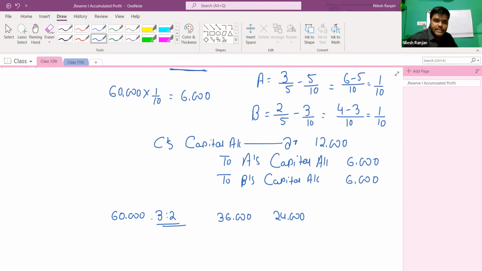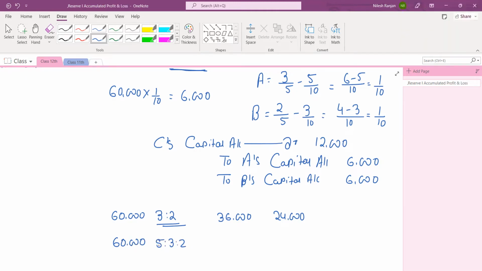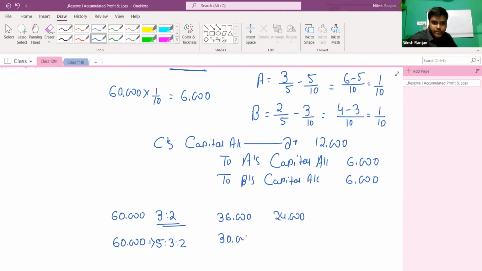So if C will get a share in profit, now this will be distributed in 5:3:2. So in future, the 60,000 will be distributed in 5:3:2. So A will get 30,000, B will get 18,000, and C will get 12,000.